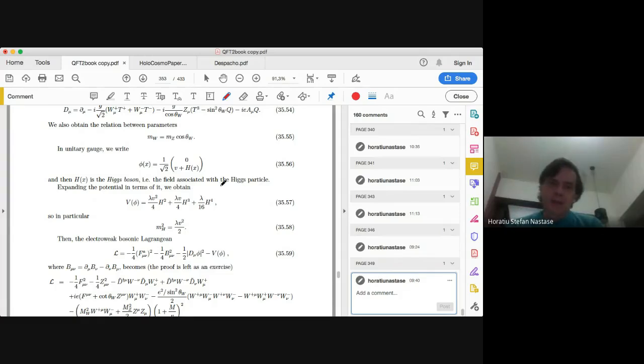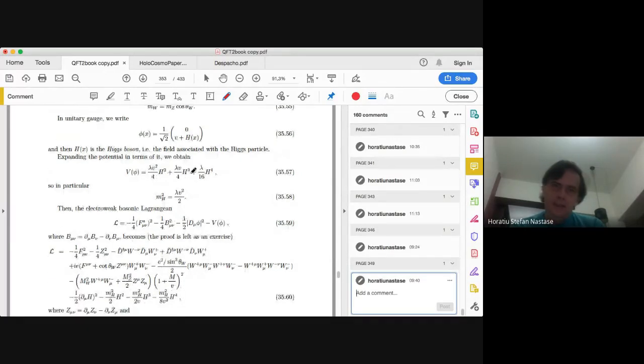Then expanding the potential V of phi in terms of H, I obtain lambda V squared over 4 times H squared plus lambda V over 4 H cubed plus lambda over 16 H to the fourth. So from this we see in particular that the mass of the Higgs, mh squared, is lambda V squared over 2.